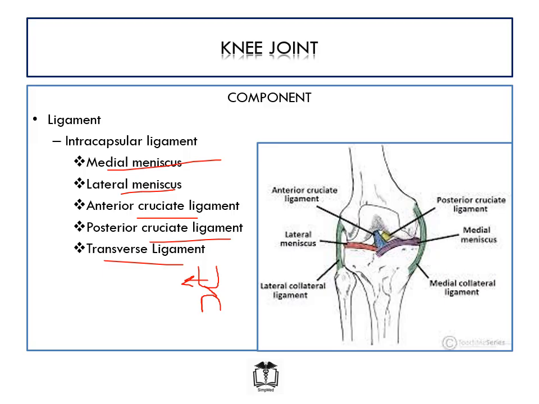The posterior cruciate tends to prevent anterior displacement of the femur on the tibia, or we can say it prevents hyperflexion of the knee. And that's what we need to remember about the posterior cruciate ligament.